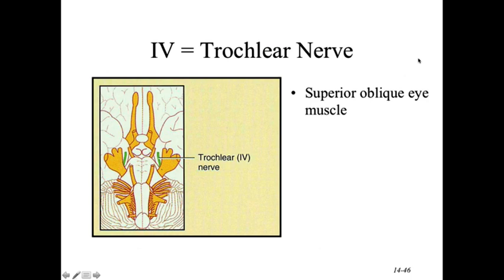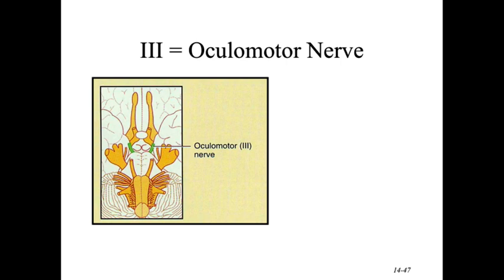Okay, 3 and 4. So trochlea, remember, LR6 or SO4, LR6 all over 3. So SO4 is the superior oblique muscle, trochlear nerve. That's going to move the eye if I'm covering an eye, and I can have them follow the eye down and in. That is the superior oblique muscle.